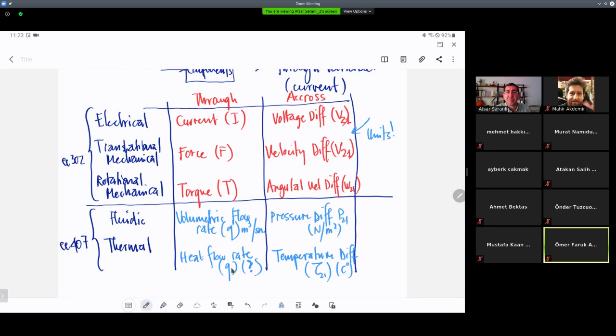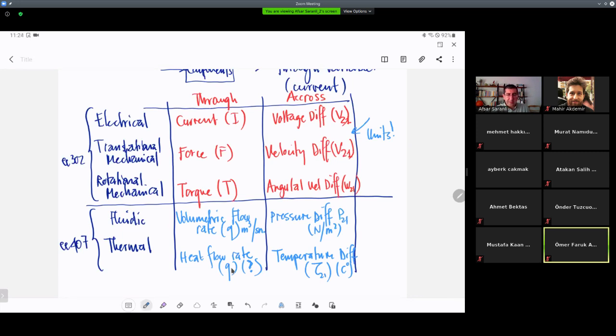This relationship may be algebraic, like in the case of a resistance in circuit theory, or it can be differential, like we have done, like a tank. Okay, a tank is an energy storage device, like a capacitor in an electrical circuit. So we have a differential relationship that defines this component. Okay.